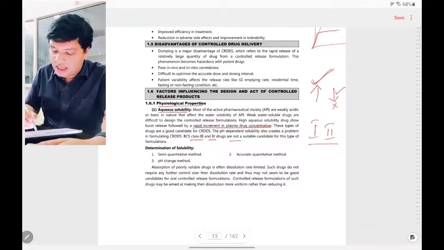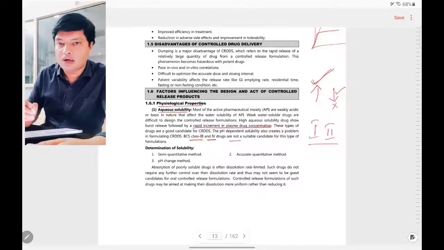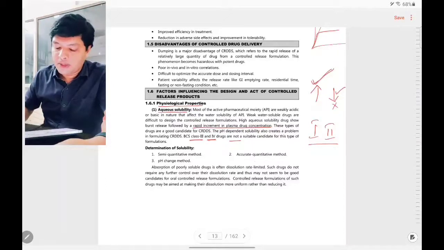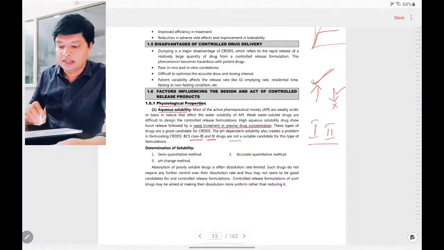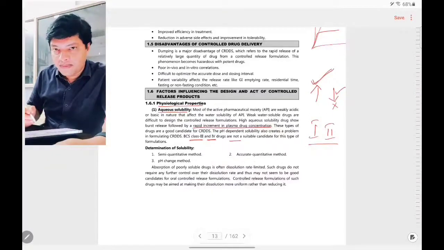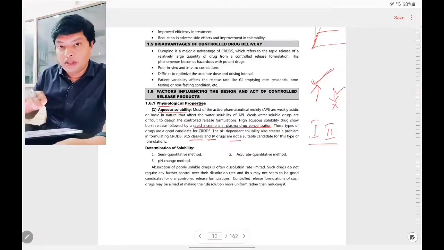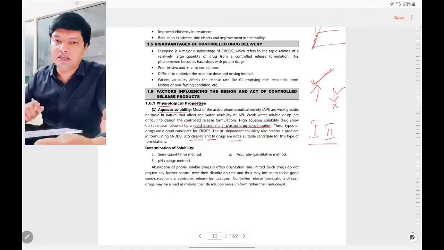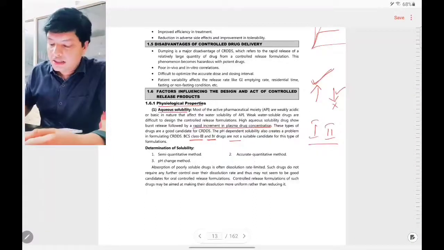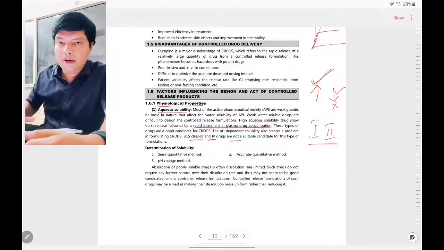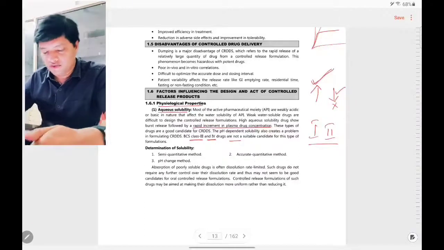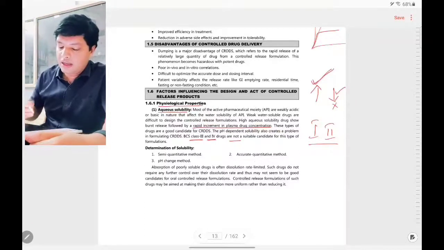Class 3 and class 4 are not suitable. See, class 4 is what? Solubility is less as well as permeability is less. What is class 3? Class 3 has high solubility but permeability is less. So class 4 drugs are having low solubility and low permeability. They are not useful for us for designing controlled drug delivery.